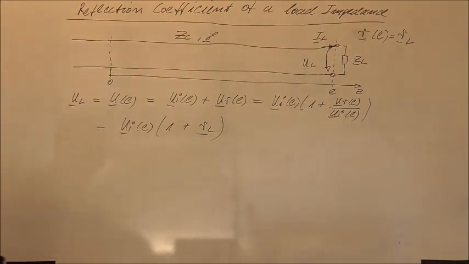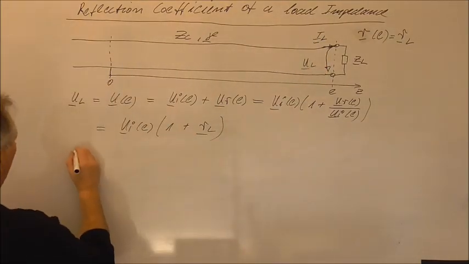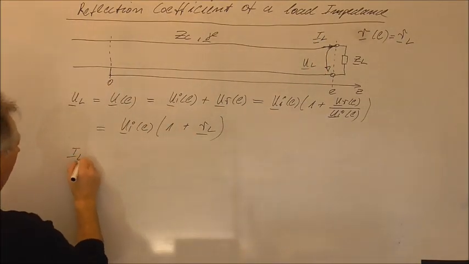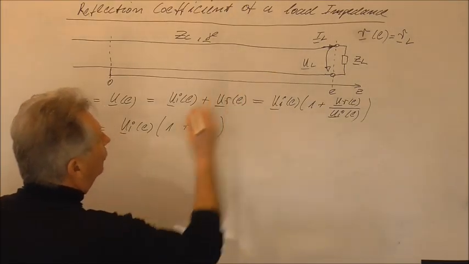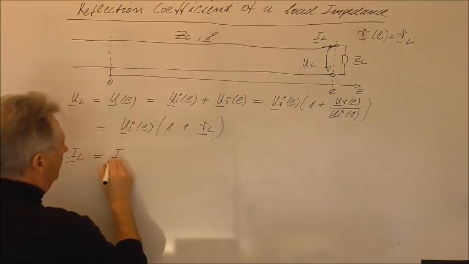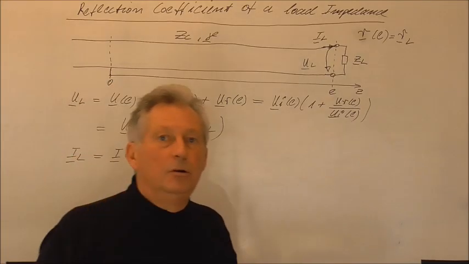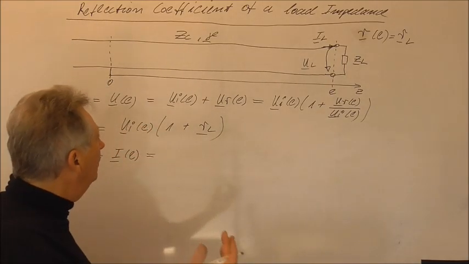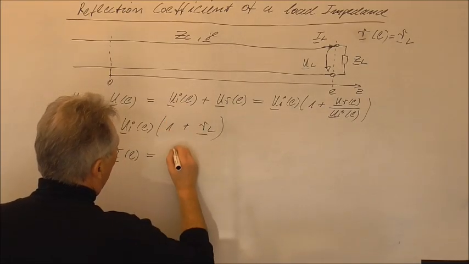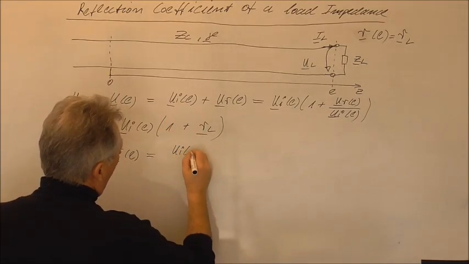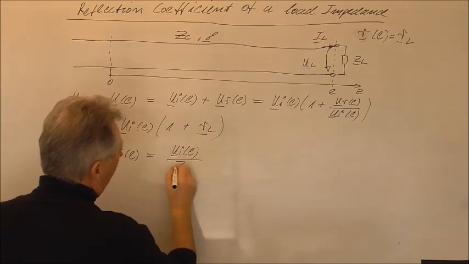On the other hand, we also will have the current at this point, so I can write I of L will be equal to the current I at the point L, which is again a superposition of the two waves, the forward traveling wave, but we know that this is in principle UE of L divided by ZC.